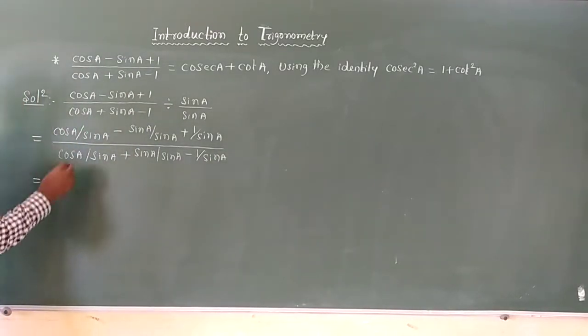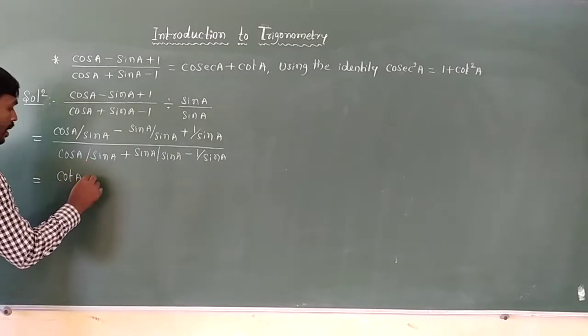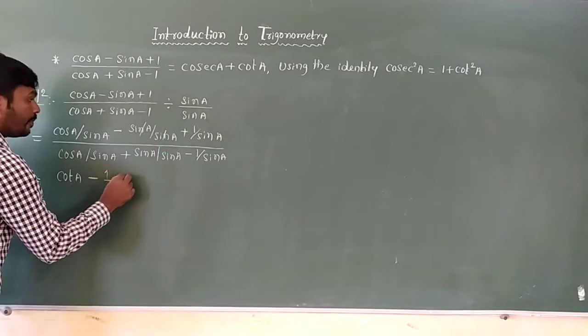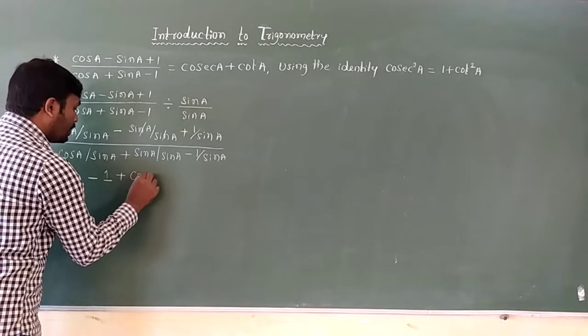Cos by sin, it is cot A, minus, here sin A cancels, it is minus 1, plus 1 by sin A is what? Cosec A.